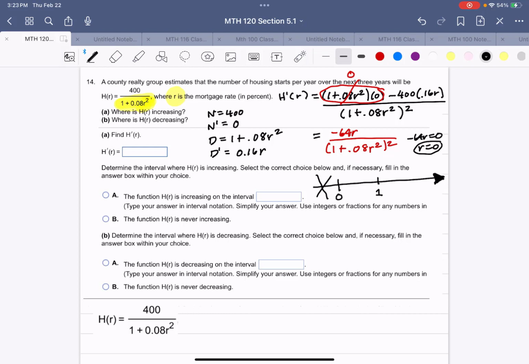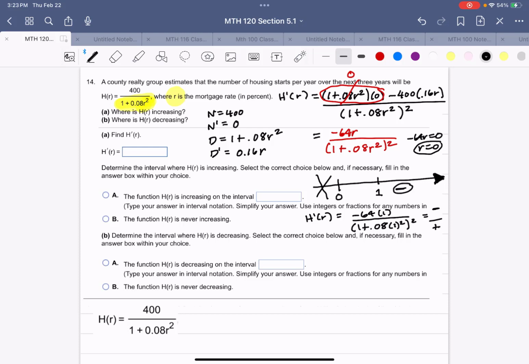If I put that in my h prime of r, I get negative 64 times 1 over 1 plus 0.08 times 1 squared, and all of that squared. So this is a negative number. This is going to be a positive, so this is going to be negative always.